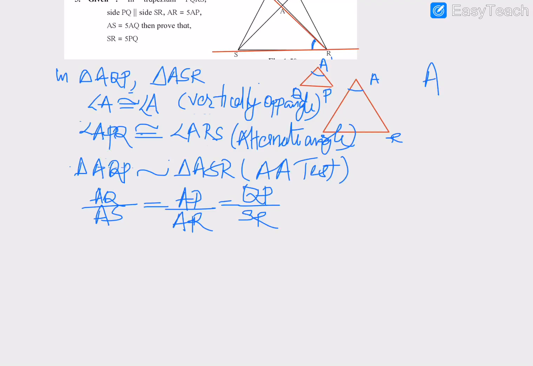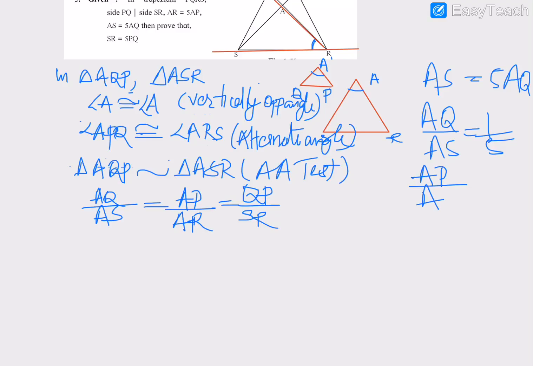It is given in the condition that AS is equal to 5AQ. That is, we have got AQ by AS is equal to 1 by 5. Also AP by AR is equal to 1 by 5, which we found at the start of this problem.